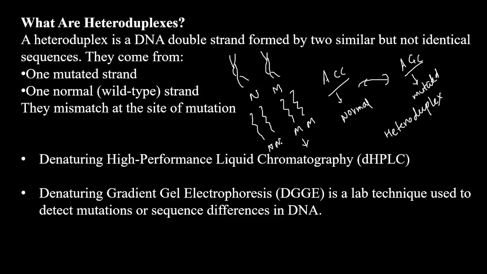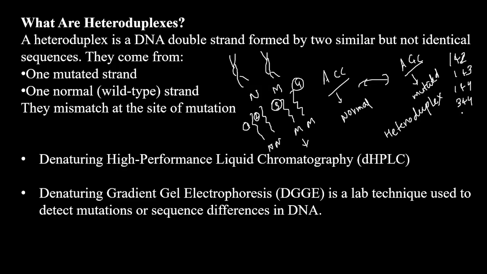So when you combine them, normal can reanneal with normal. Let's say this is 1, this is 2, this is 3, and this is 4. Then 1 can join with 1. There will be many combinations. 1 can join with 2, that is homoduplex. 1 can join with 3, that is heteroduplex. 1 can join with 4, that is heteroduplex. 3 can join with 4, that is again homoduplex.